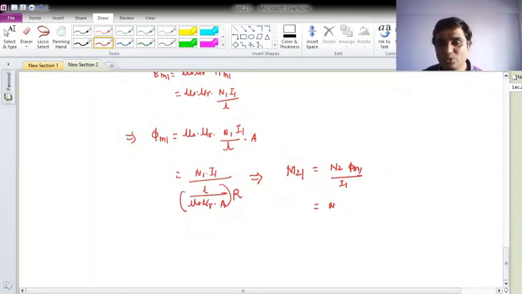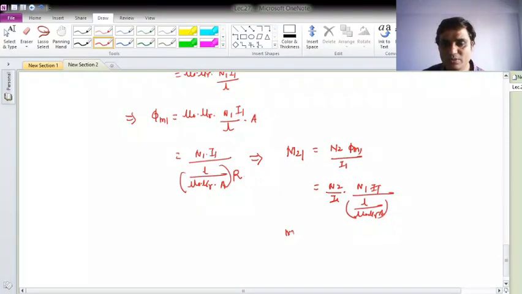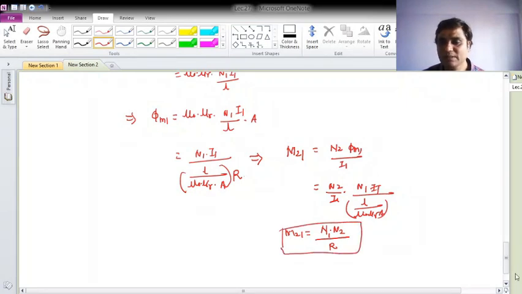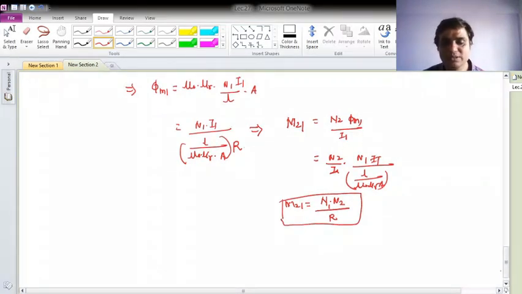So this is N2 over I1 into phi m1, which is N1 I1 over L upon mu 0 mu r A. N1 and I1 will vanish from this term, so M21 will now be equal to N1 into N2 upon reluctance. This is the amount of flux which has been linked to coil 2 due to the flow of current in coil 1. This is M21.